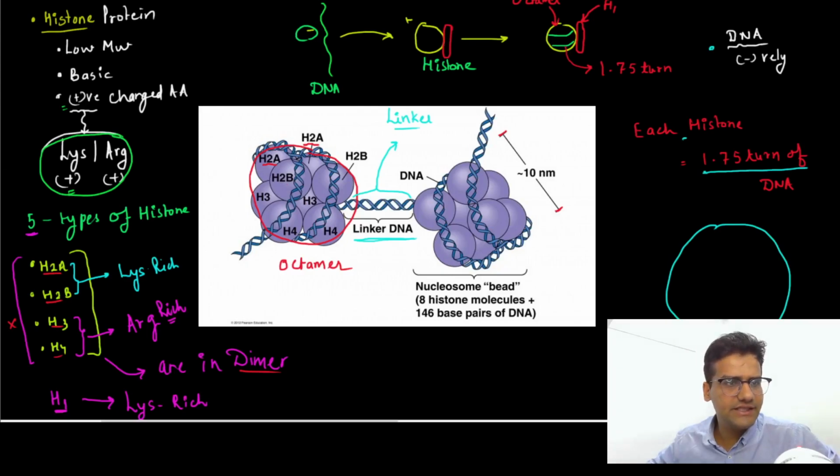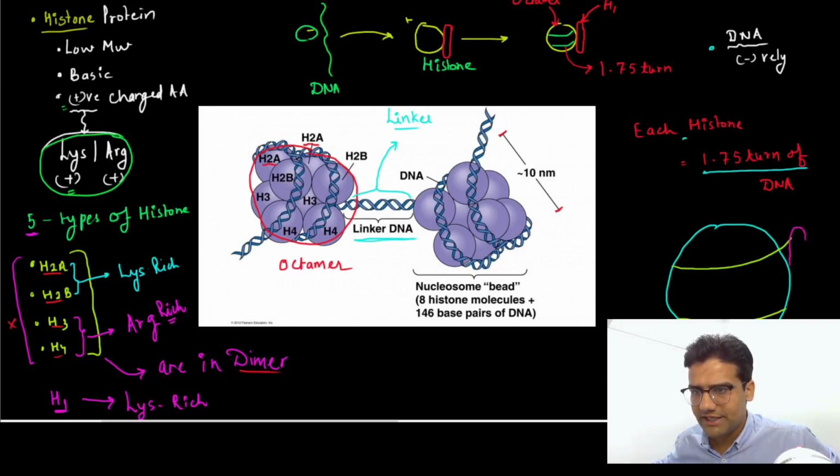There is DNA folded around this histone protein, 1 complete turn and 1 turn of 3/4. And then there is a histone protein which is the H1 protein. This histone is basically the H1 histone protein.